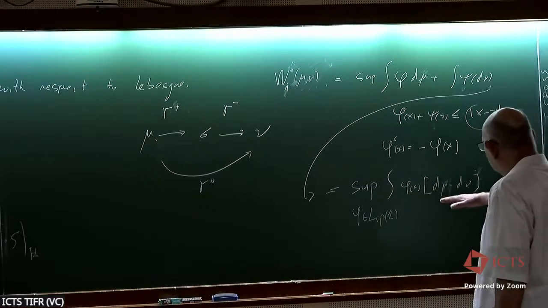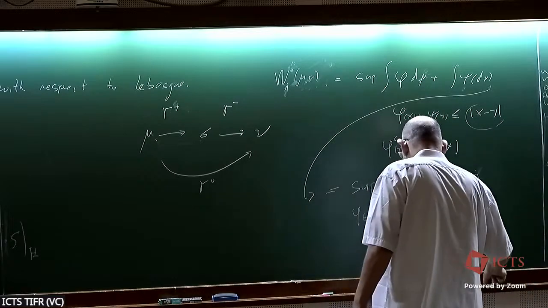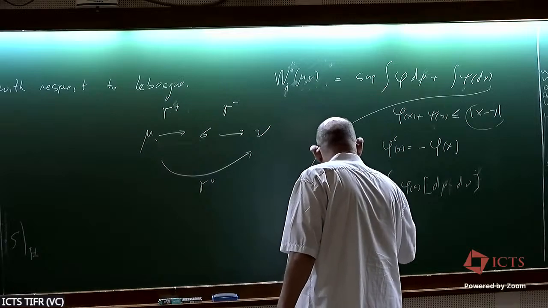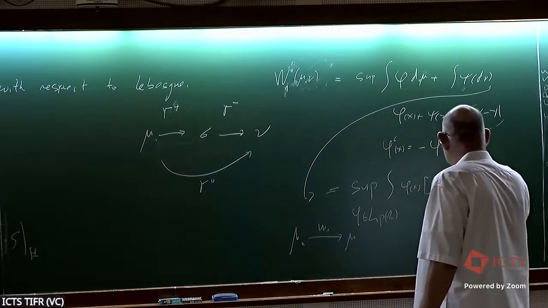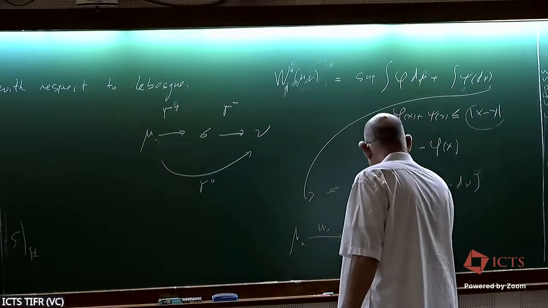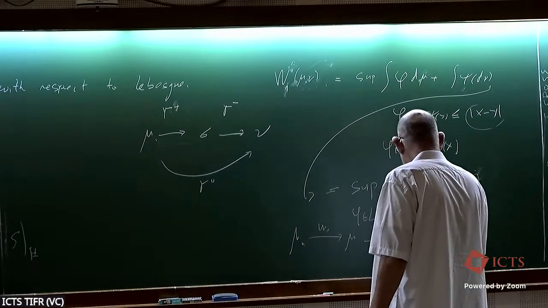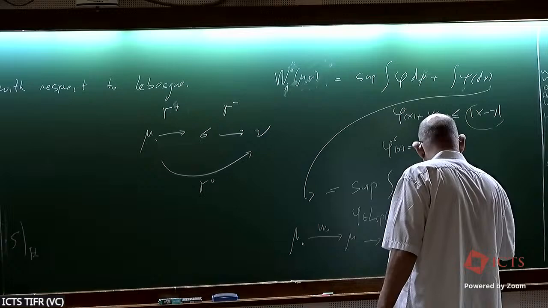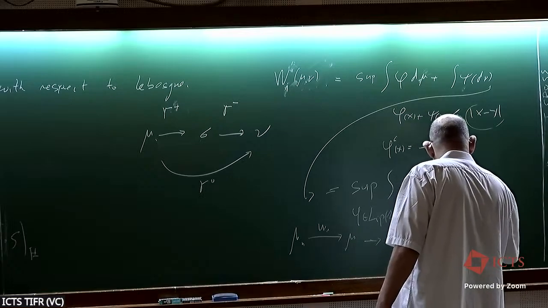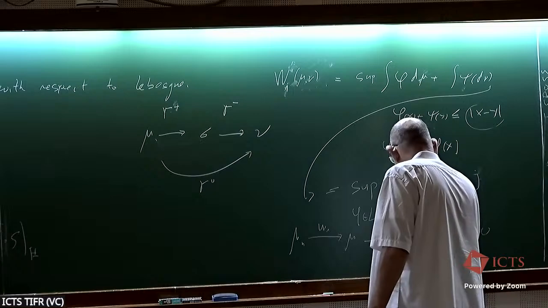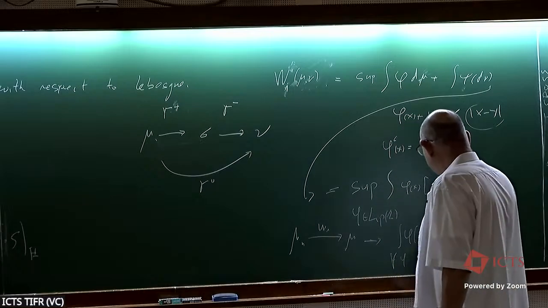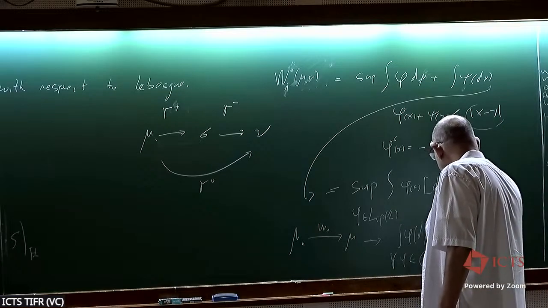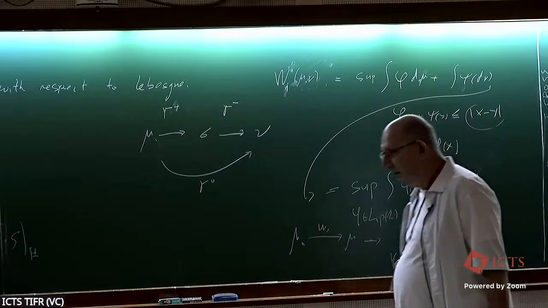Because if mu n converges in W1 to mu, then the integral of phi d mu n minus d mu goes to 0 for any Lipschitz phi, therefore for any function phi in C0. Okay, so this is one direction.